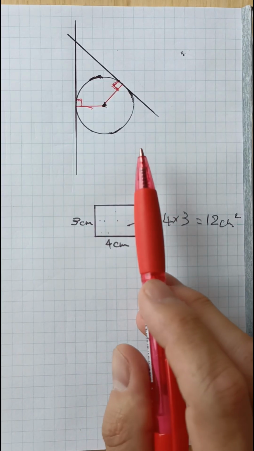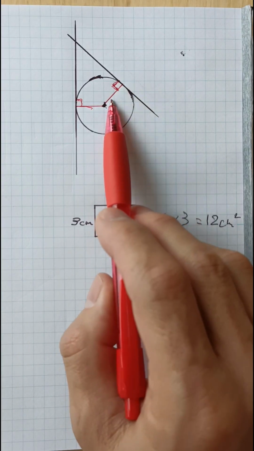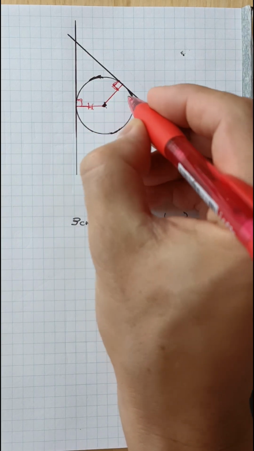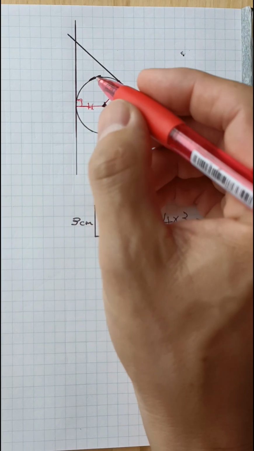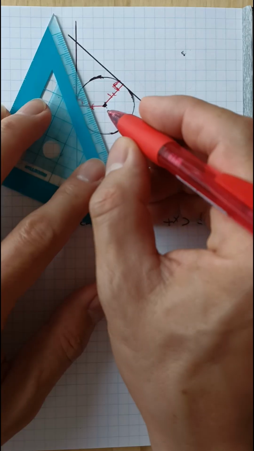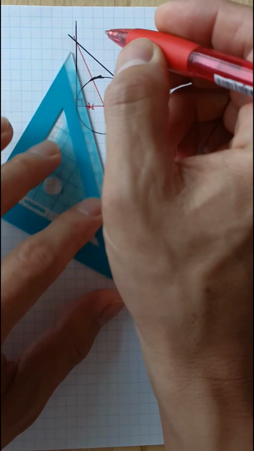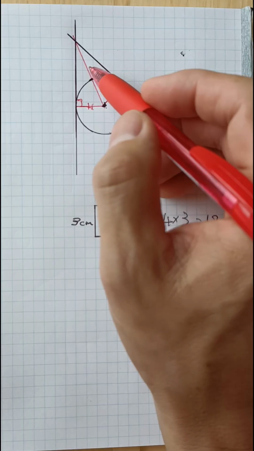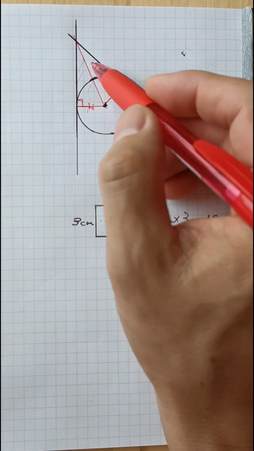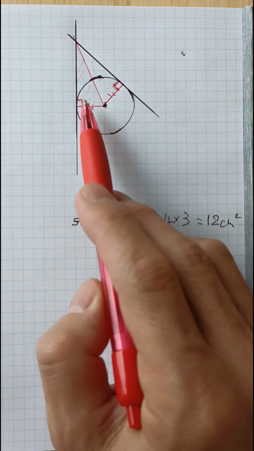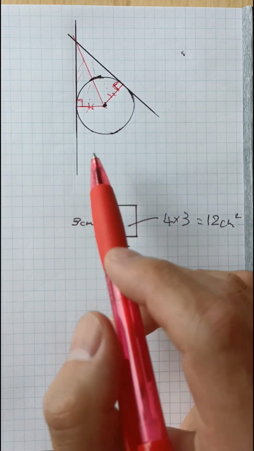Then if you look at this, this one is a radius, this one is a radius, so they have the same length, isn't it? Okay? And then if I draw a line in the middle from here to here, like this, you can see this triangle and this triangle are exactly the same shape, but they're reflecting each other, okay?